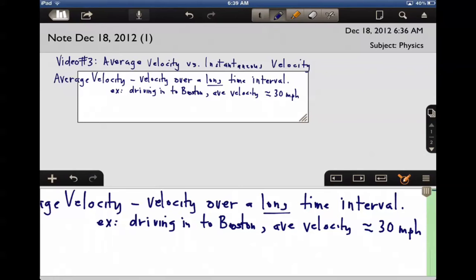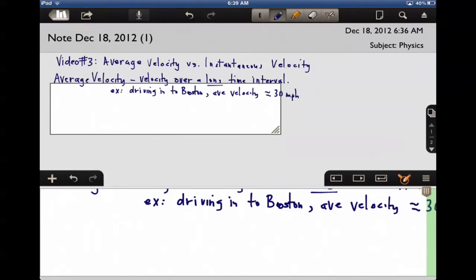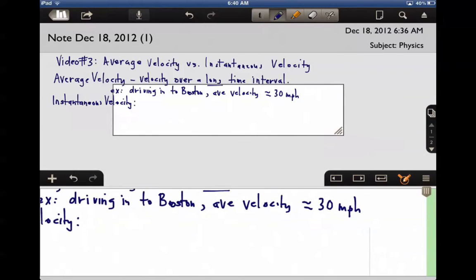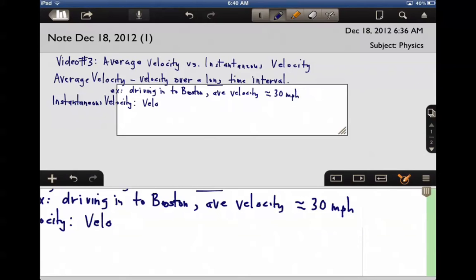However, if we consider that trip, my velocity is not always 30 miles per hour, and that's where we need instantaneous velocity. Instantaneous velocity is the velocity at a single moment in time.